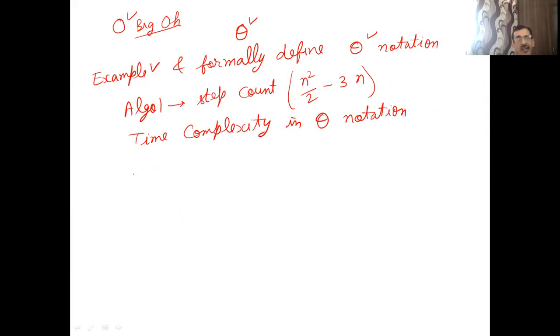Time complexity in theta notation, I can say that algo 1 has time complexity theta n square.